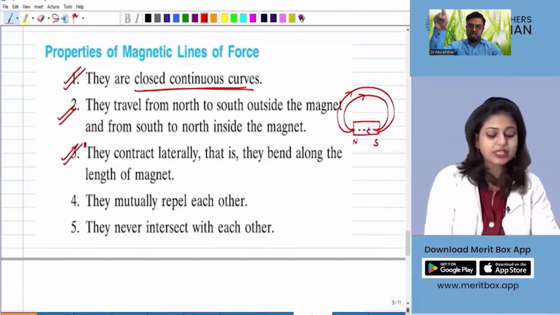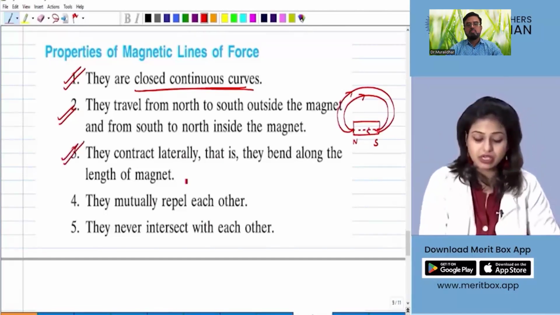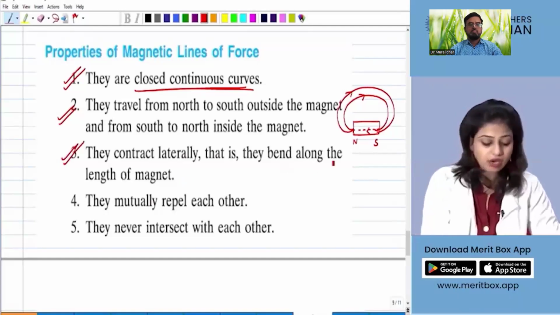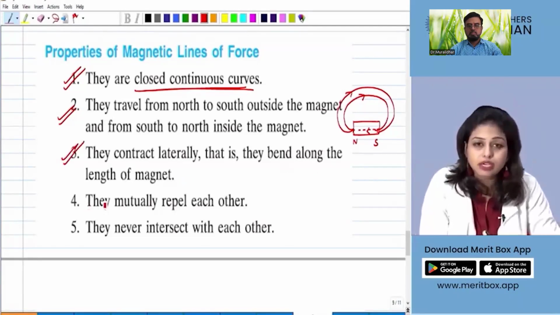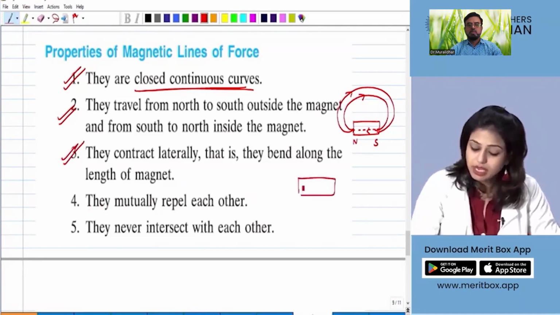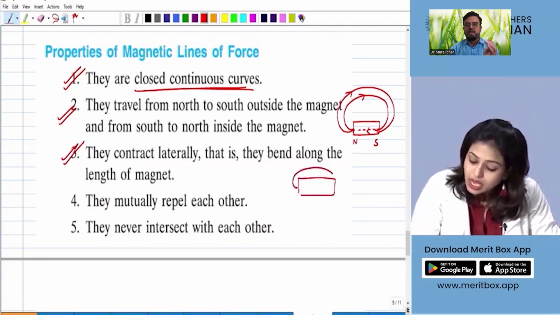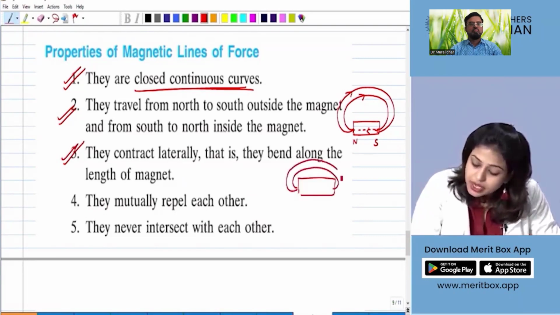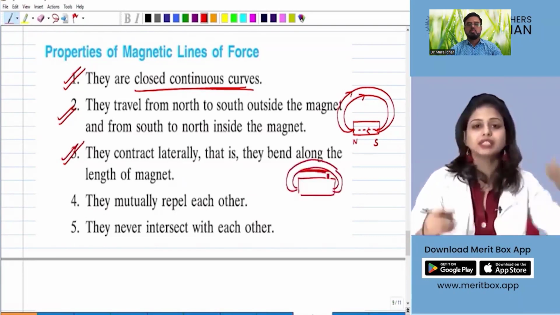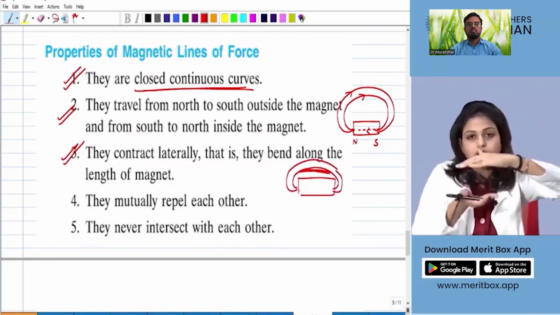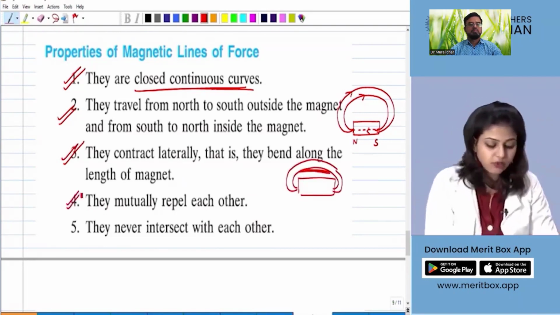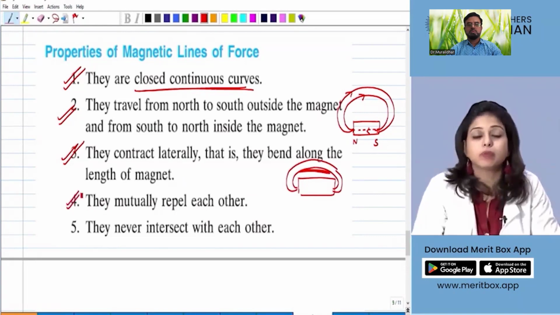The third point says they contract laterally. That is, they bend along the length of the magnet. That means if I have my magnet here, they are going to contract along the length of the magnet. At the length, they are slowly contracting. Then point number 4 says they mutually repel each other.